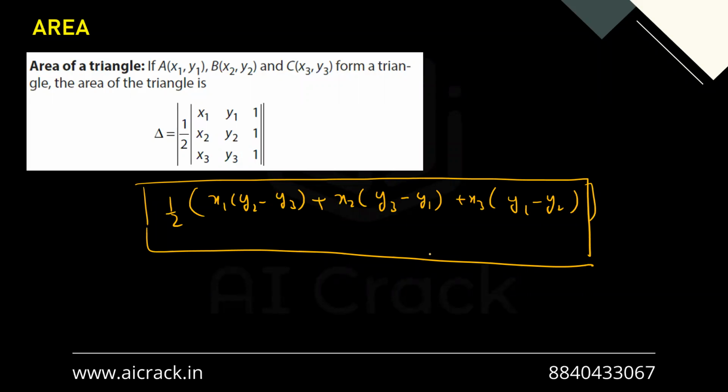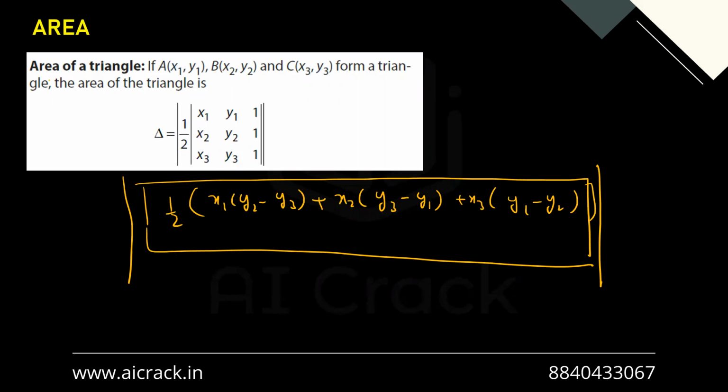There won't be any calculation mistake over there, but you'll get a negative answer. So you have to take the modulus of this entire expression, and then report the answer for the area. Sometimes they'll give some variables over here and give the value of the area in the answer. Now you have to take two conditions: sometimes you'll get the answer with the plus sign, and sometimes with the minus sign. So you have to take two conditions over there.